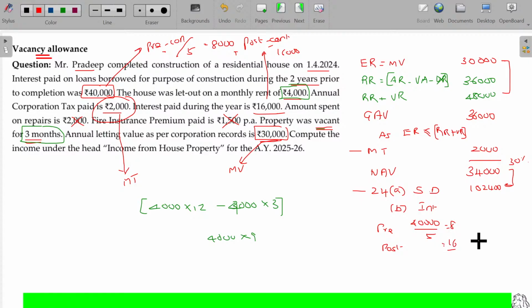So overall value being 24,000. And standard deduction 10,200. So you can subtract these two values from 34,000 to find out the income from house property here. Hope you will be getting negative value, loss.